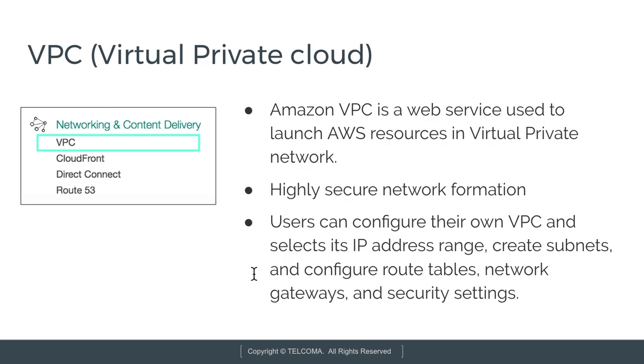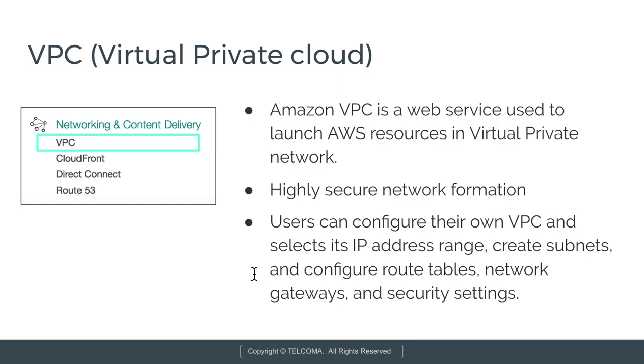We can control various aspects of Amazon VPC, like selecting our own IP address range, creating subnets, and configuring route tables, network gateways, and security settings. Within a region, we can create multiple Amazon Virtual Private Clouds, and each virtual private cloud is logically isolated even if they share the same IP address range.